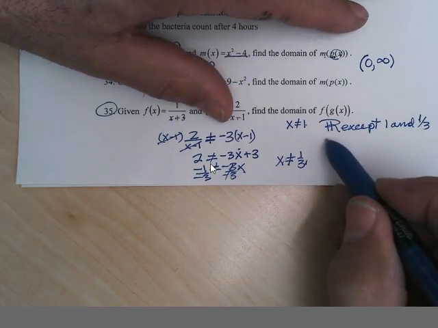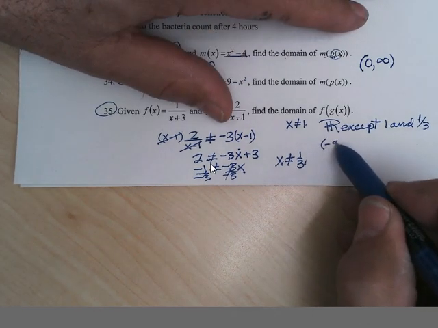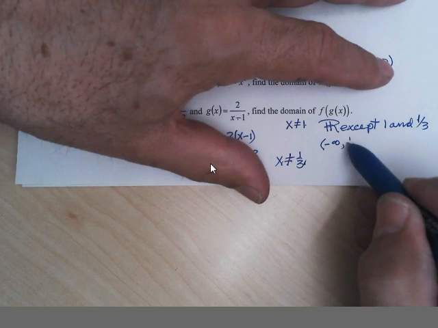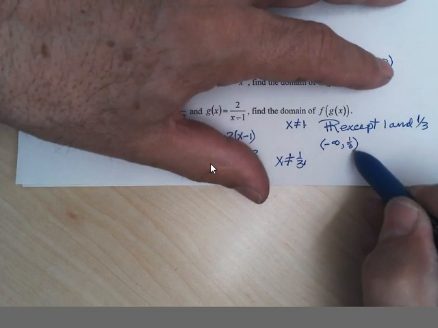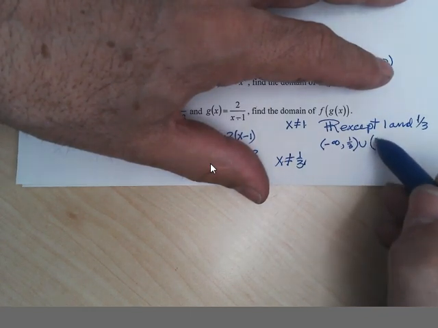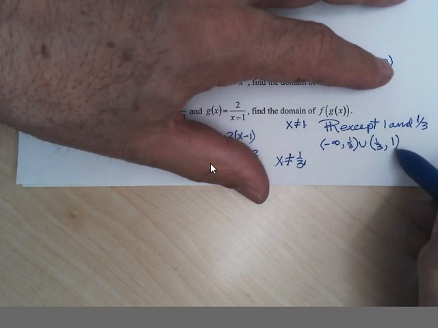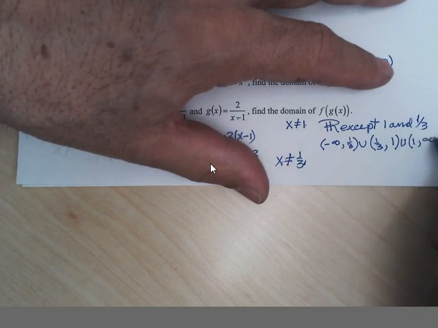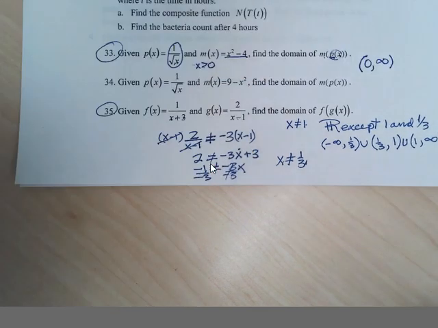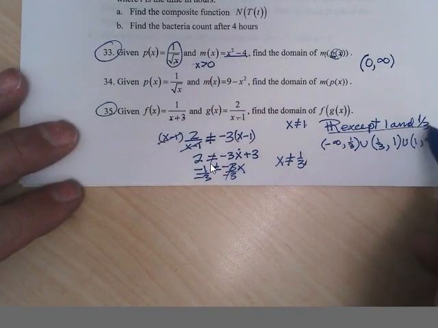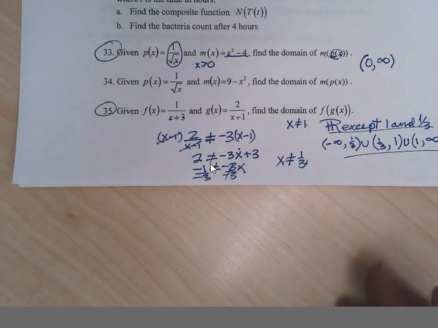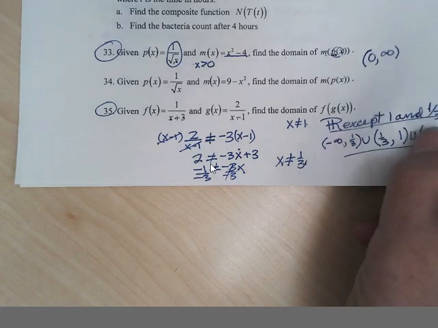Or if you will, from -infinity up to 1/3, not including it, union from 1/3 to 1, not including 1, union from 1 to infinity, not including the 1. This way or that way, either way. All right, let's go to 37.